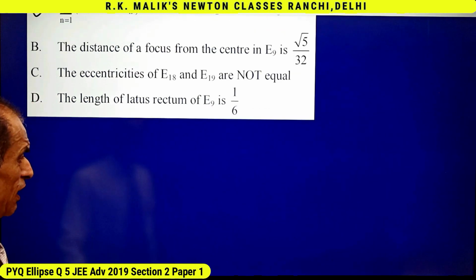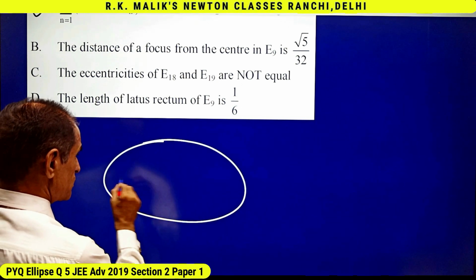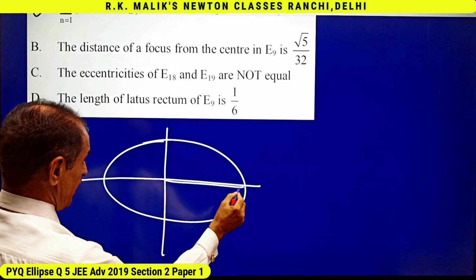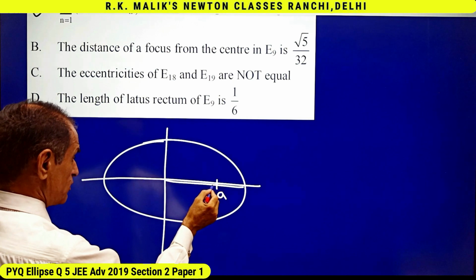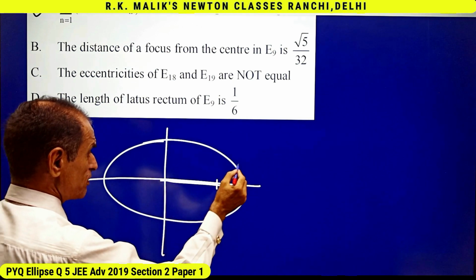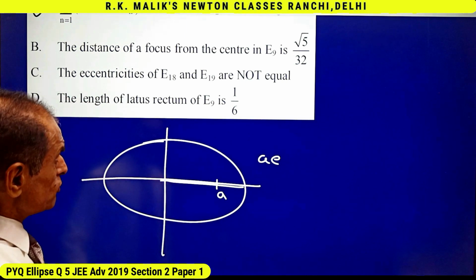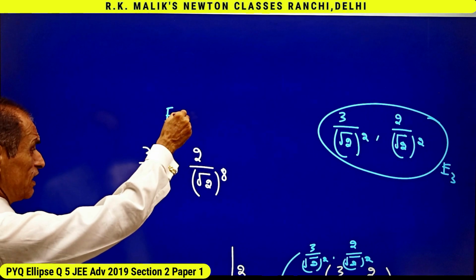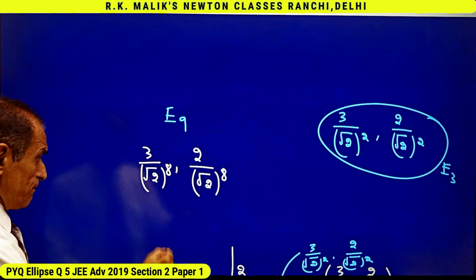And we also know that for any ellipse, if the length of the semi-major axis is a, the distance of the focus from the center will be ae. Using this concept, as I told you, in the case of ellipse E9, the length of the semi-major axis had become this.